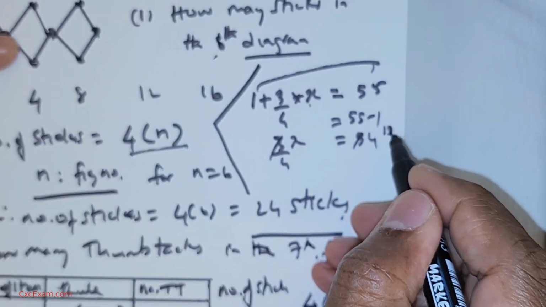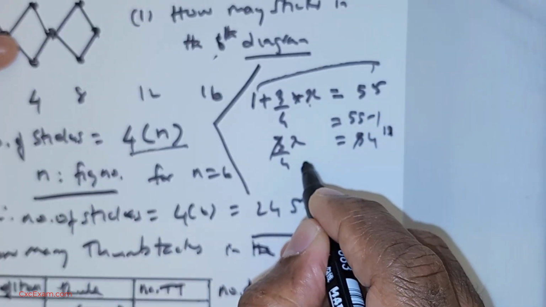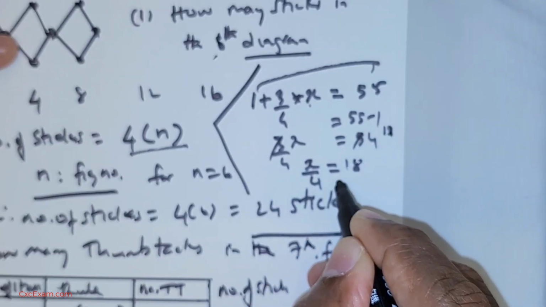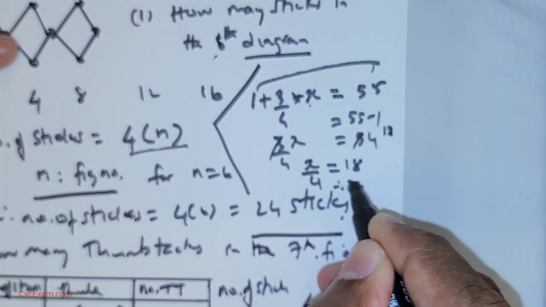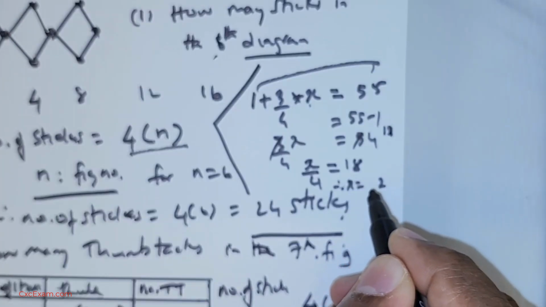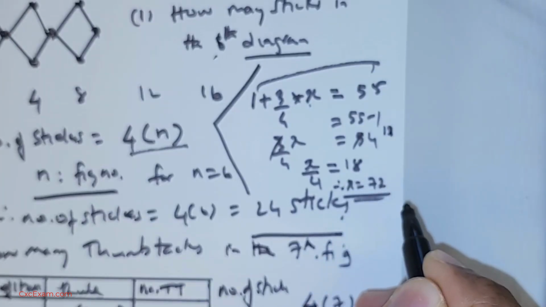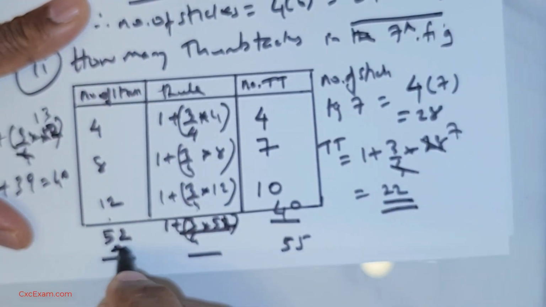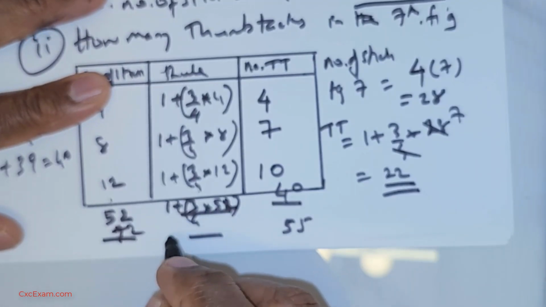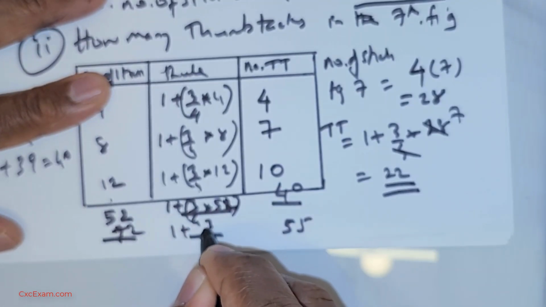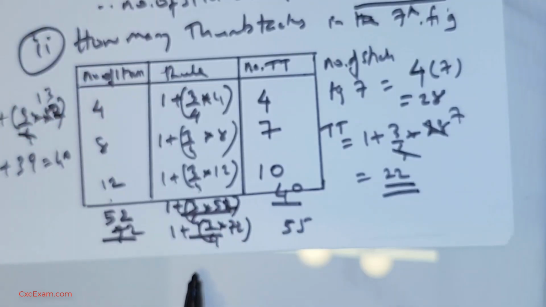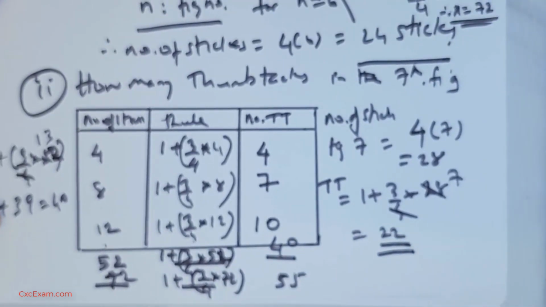So you have x over 4 is equal to 18. So therefore what is the value of x? x is equal to 4 times 18, which is 72. So 72 comes over here, and over here is going to be 1 plus 3 over 4 times 72. Okay, that's the completion. So the table is completed, and so is the question.